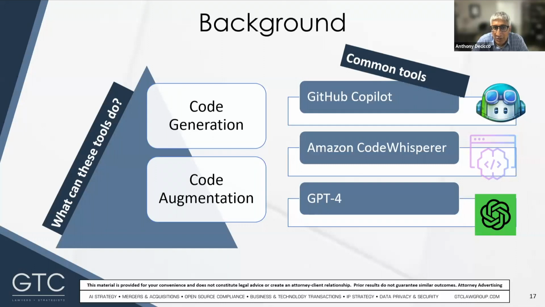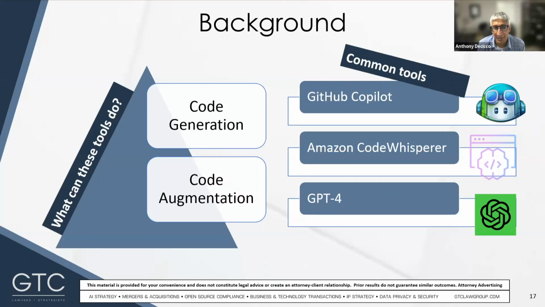By code generation, we mean creating new code or modifying existing code. And for us, code augmentation covers augmenting or editing materials related to software code, such as documentation, code comments, and QA scripts. As for the tools themselves, in our experience, GitHub Copilot is currently the most widely used tool we're seeing for code generation.